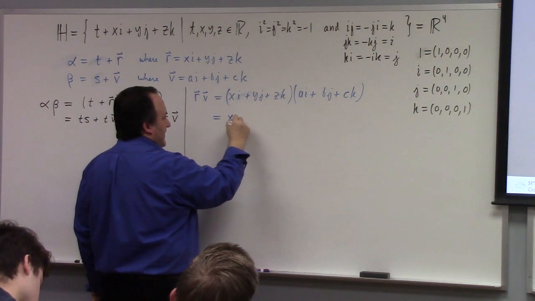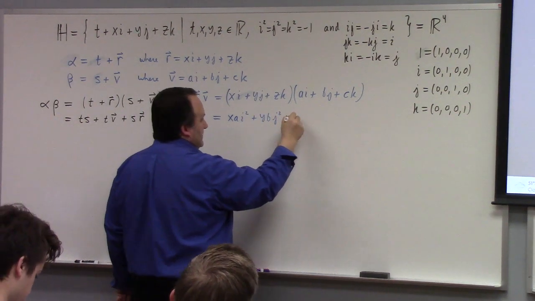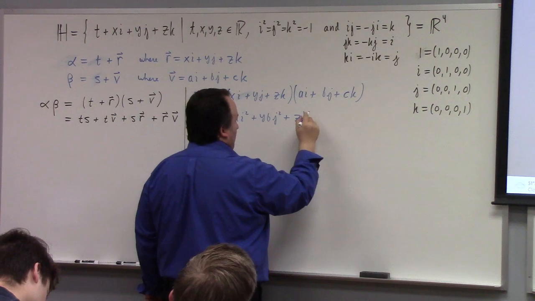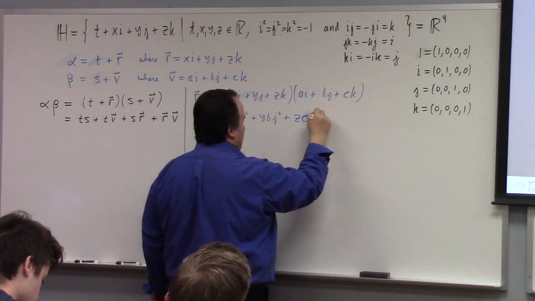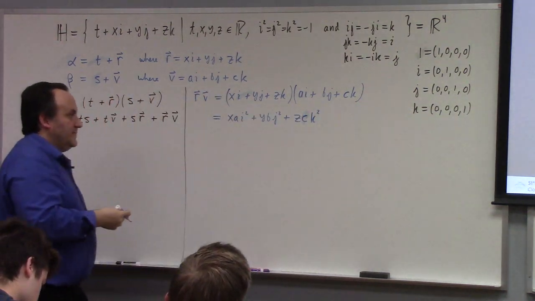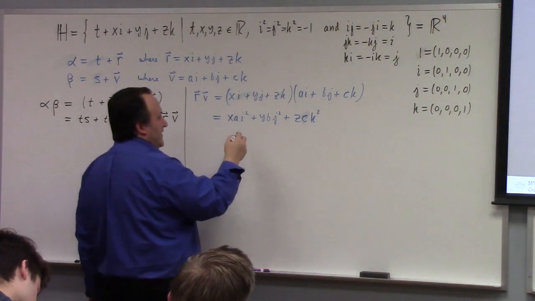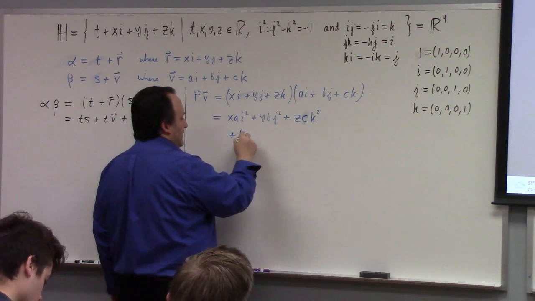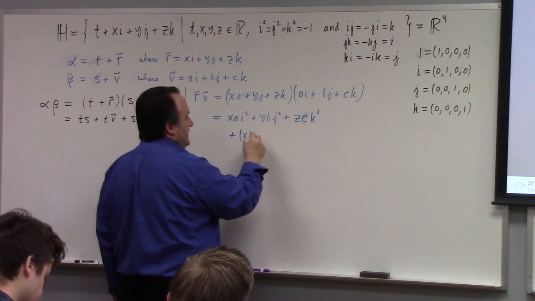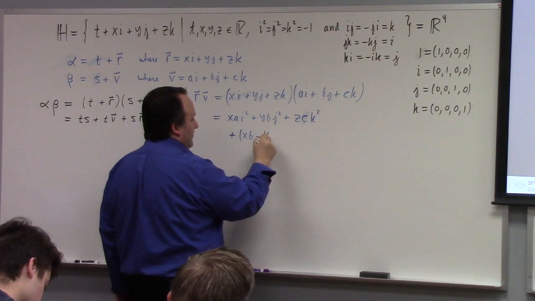So I have xai squared plus ybj squared plus zck squared. That's my sort of, I guess you could say diagonal terms. That's not quite true. And then I'm going to group other stuff, like how about i and j? What do I got? Look at this. I've got xb minus ya. Why do I have the minus ya?